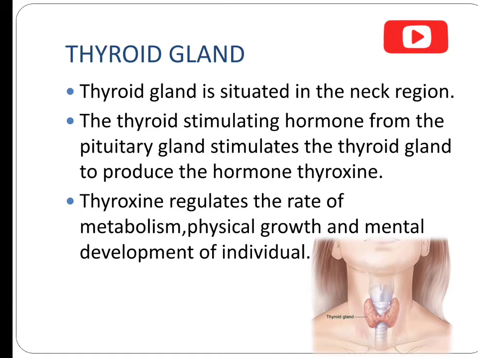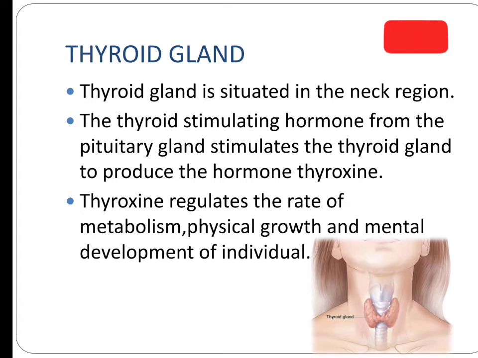So this thyroxine hormone is secreted by the thyroid gland, and iodine is necessary for the secretion of thyroxine. You see, thyroxine regulates the rate of metabolism, physical growth, and mental development of the individual. So these are the functions performed by the thyroxine hormone.